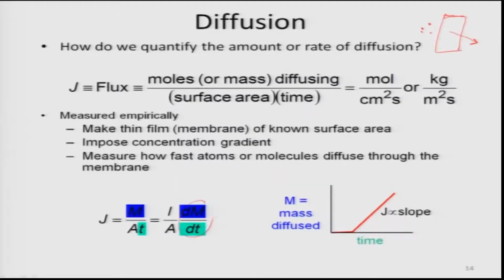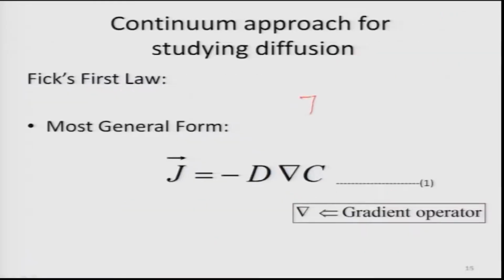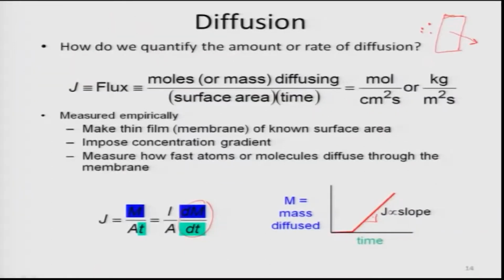So J is proportional to del C, or in one dimension, del C by del x. That is the gradient, the slope.